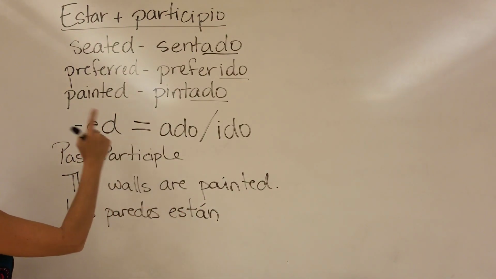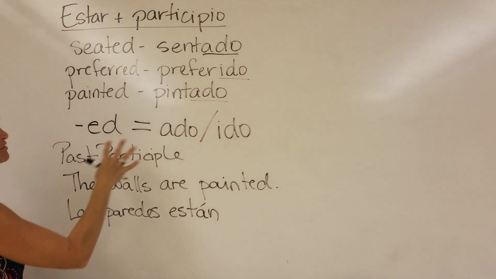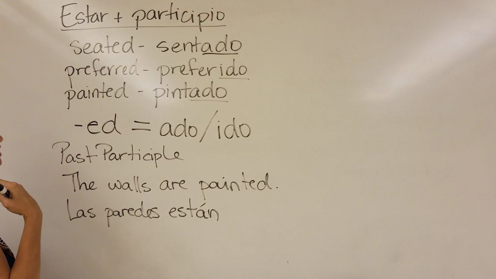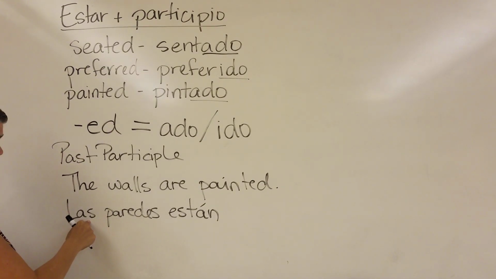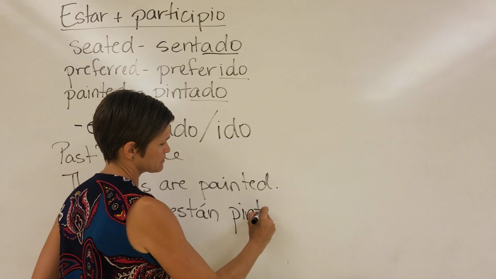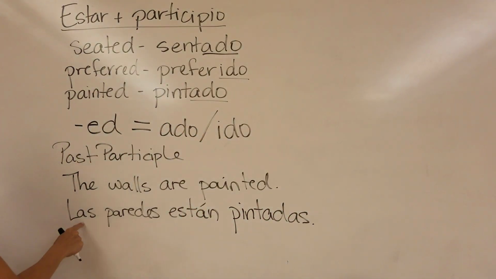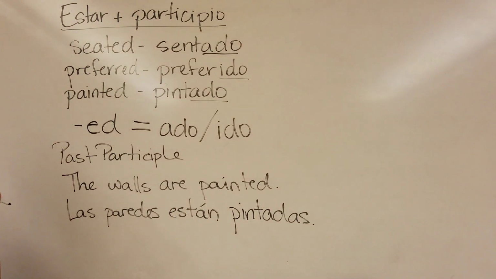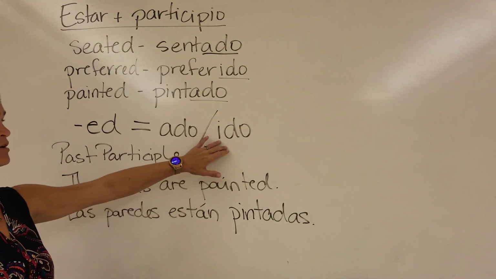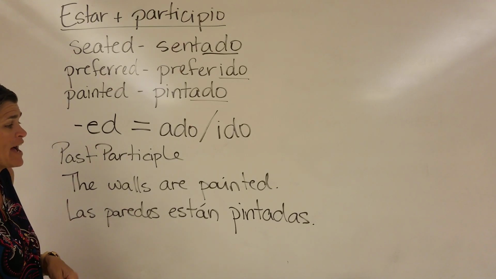We're using estar with the participle, but because this is an adjective right now, we're gonna treat it like an adjective, which means that it has to match up. Not pintado, but pintadas. Las paredes están pintadas. So we gotta make it match up in this case. Before it was just ado, ido, no matter what. Now we're gonna make it match because they are adjectives.